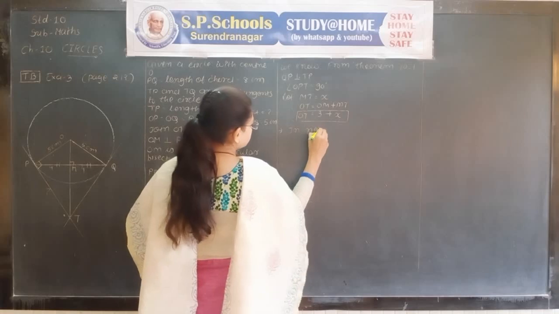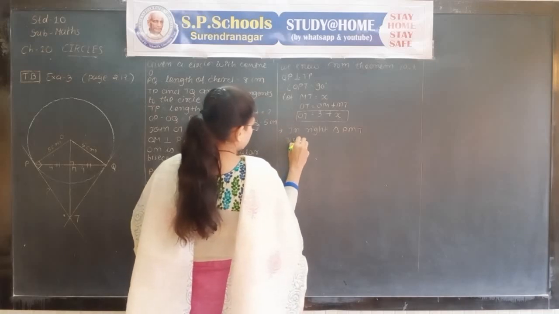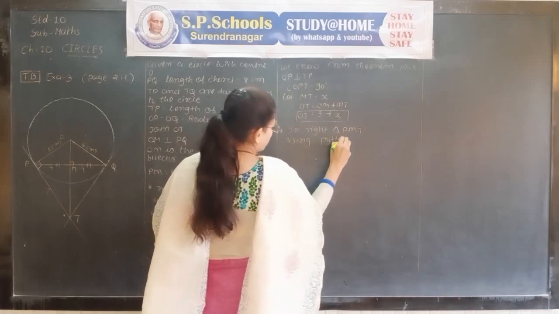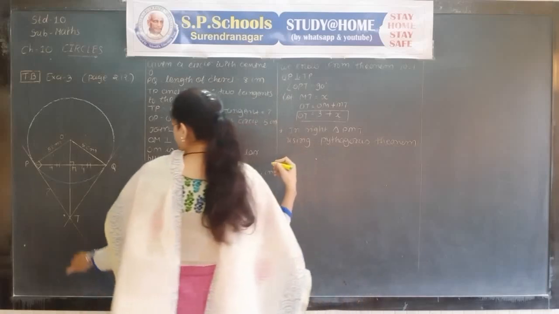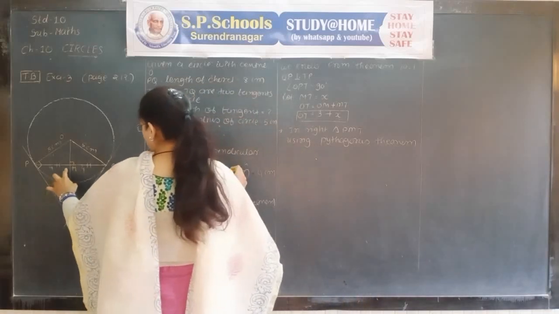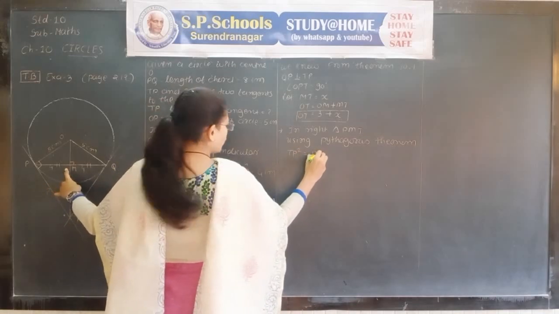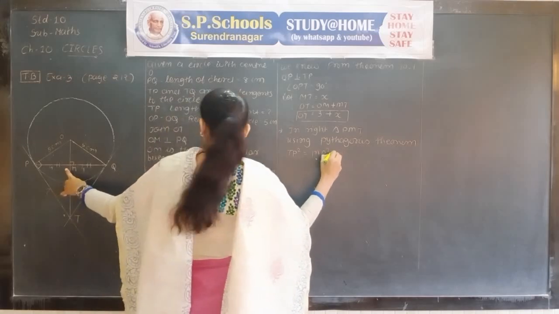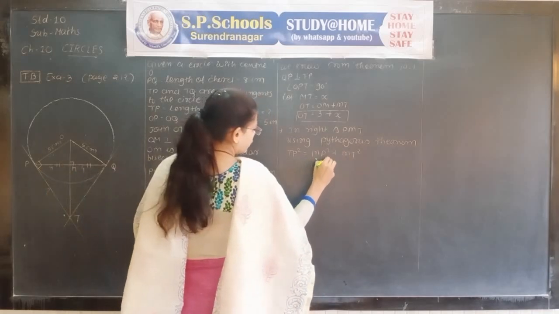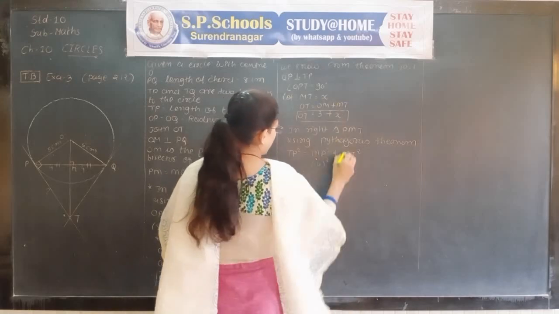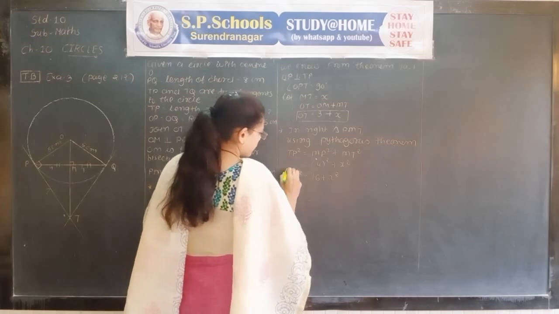In right triangle PMT, using the Pythagoras theorem, angle M is 90 degrees, so TP square is equal to MP square plus MT square, where MP is 4 squared plus MT is x. So it is 16 plus x square, which is TP square.